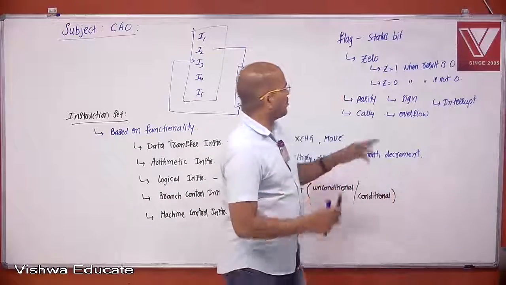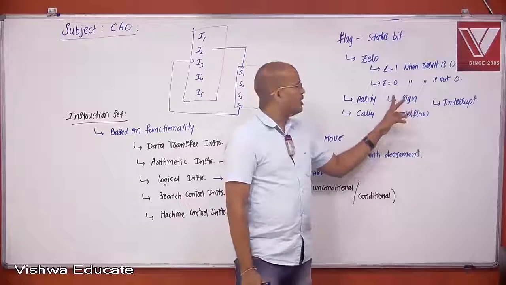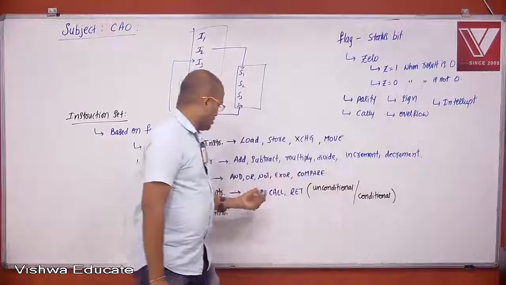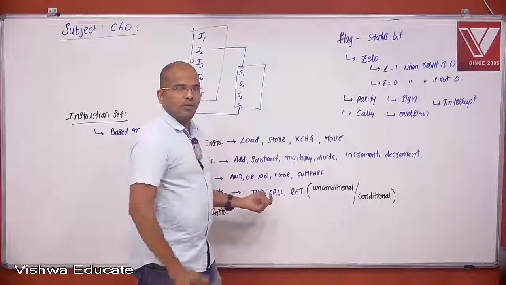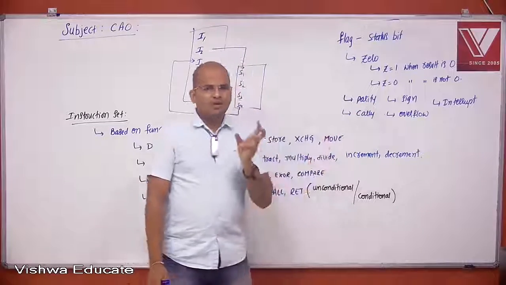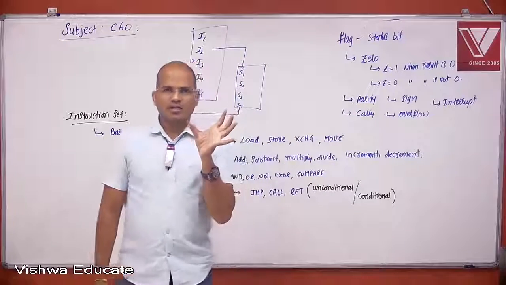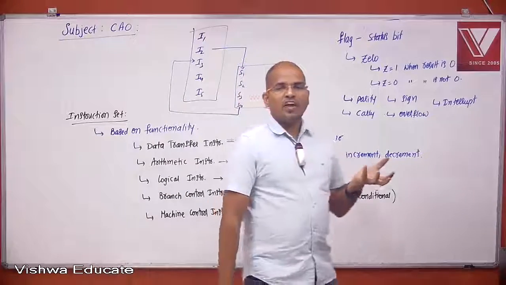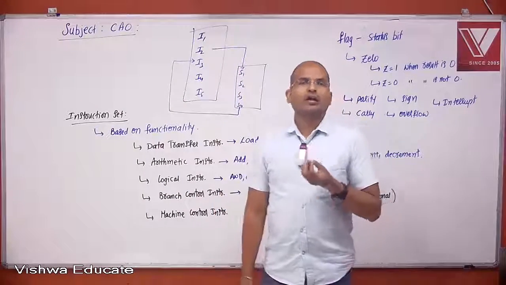So depending on my sign bit status, I make a branching. What is parity? Parity indicates the number of ones found in the result. If the number of ones is even, I conclude something; if the number of ones is odd, I conclude something else.